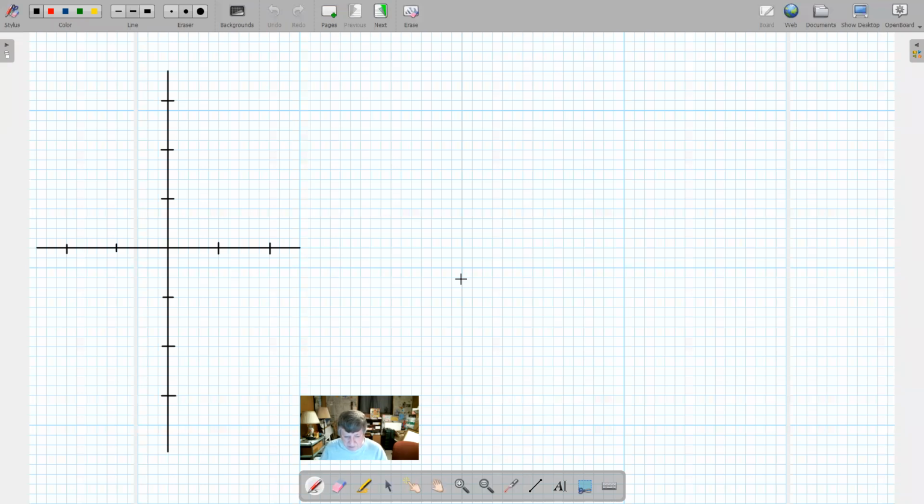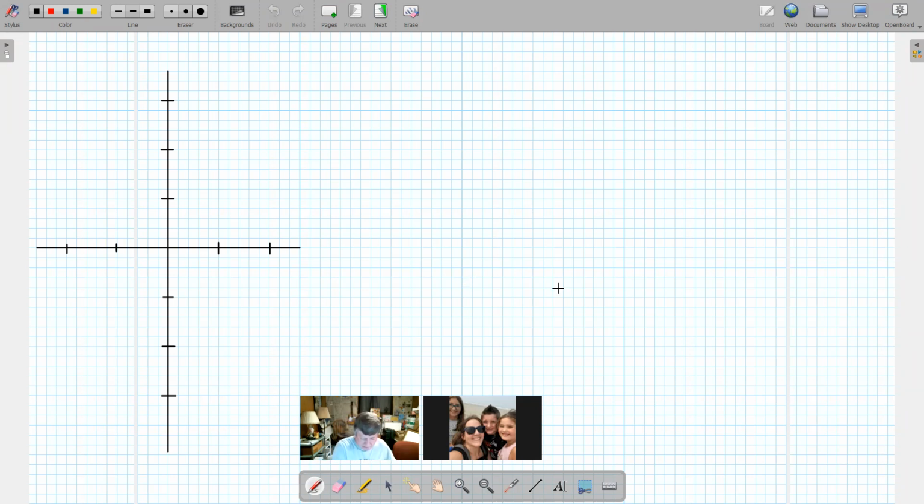Is that correct? Can somebody verify that, please? Yep. Thank you very much. Okay. So section 3.7 was graphing linear inequalities. So I'm going to do just a couple examples of that. And then, as I say, if you want more, let me know.